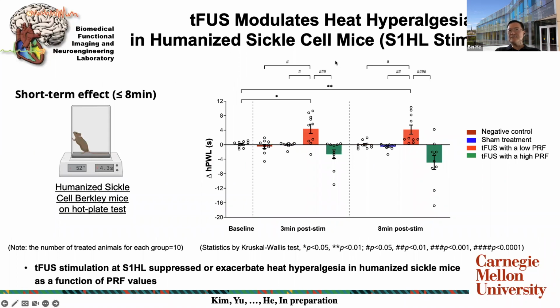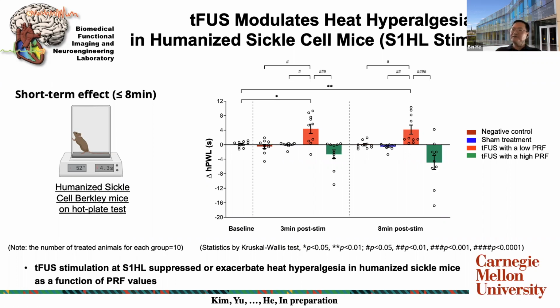And in the sickle mice, what is interesting is there's one phenomenon, just like what we observed with distinctive responses in the somatosensory cortex in rat, where the excitatory and inhibitory cells have different responses. In this case, the red color shows if we use a low PRF, and the green color shows if we use a high PRF.